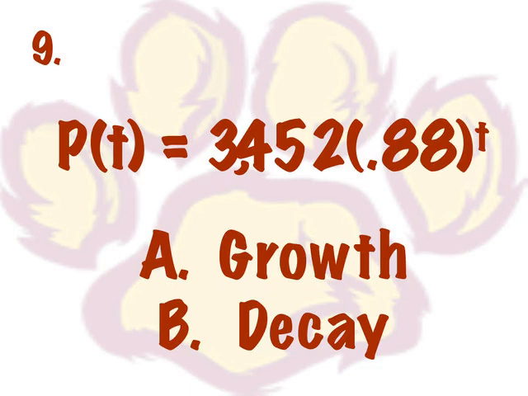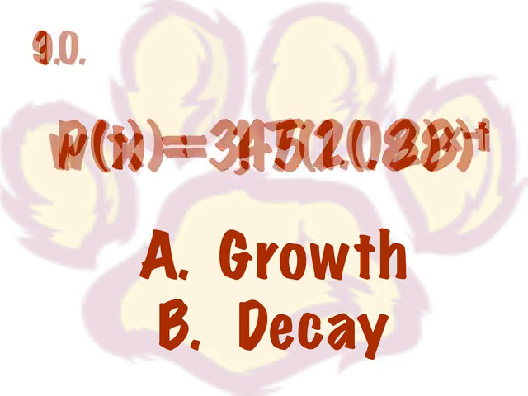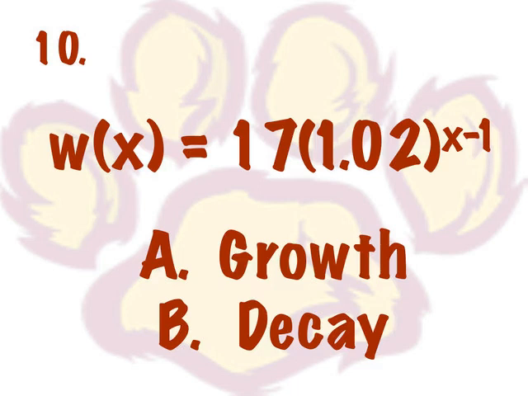Is this A, growth, or B, decay? And number 10, W of x equals 17 times 1.02 to the x minus 1 power. Is this A, growth, or B, decay?